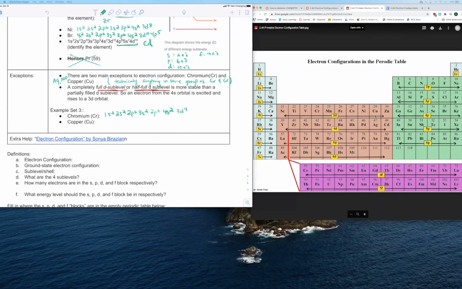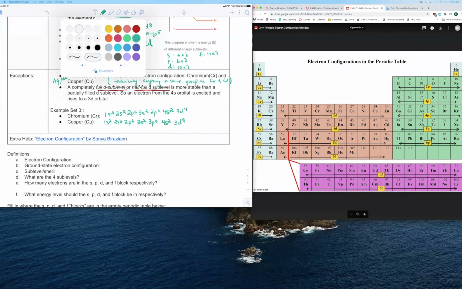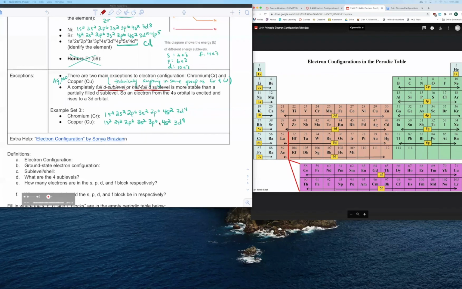Okay, and then same thing for copper over here. I would have 1s2, 2s2, 2p6, 3s2, 3p6, 4s2, and this would be 3d9. Okay, so that's what it normally should be.